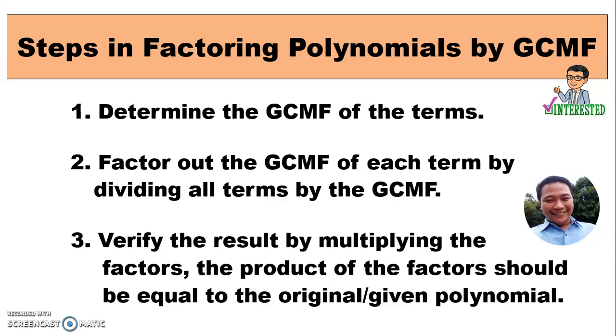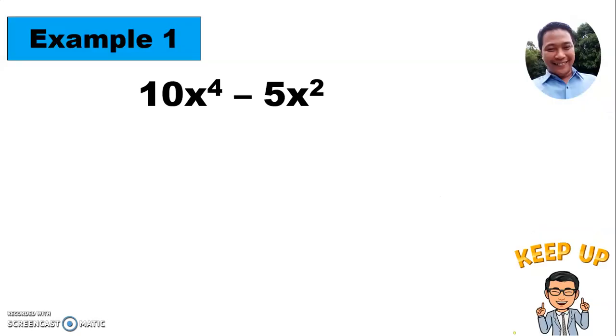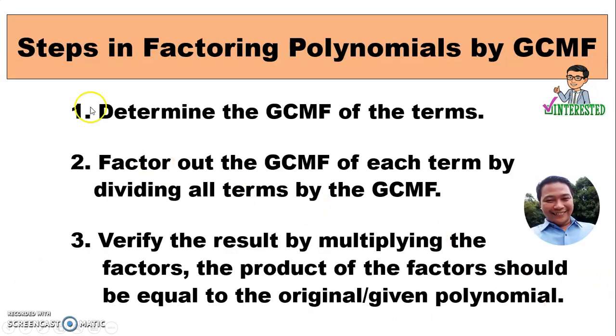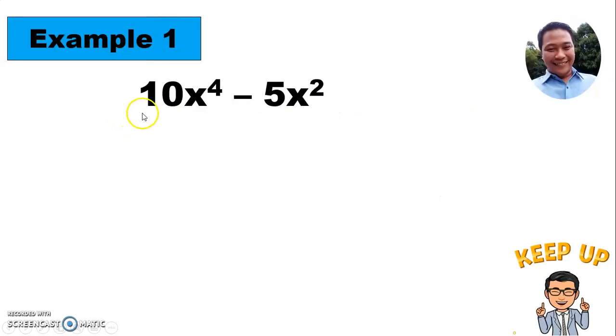Okay, let's start. Let's have example number 1. 10x raised to the fourth power minus 5x squared. So following the steps, number 1, determine the greatest common monomial factor of the terms. In this example, we have two terms.